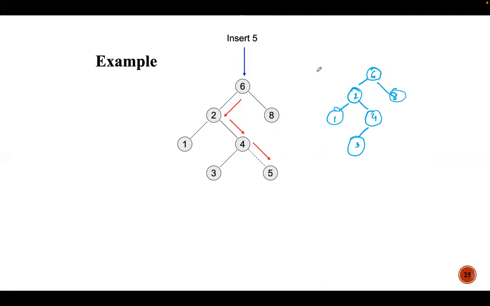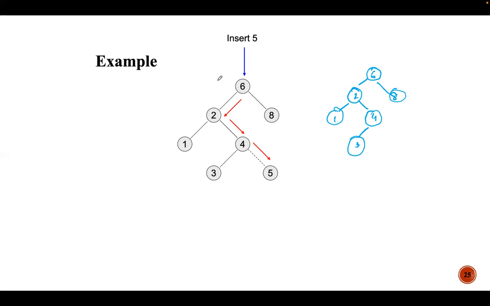So we start from the root node. 5 is less than 6, so obviously 5 has to be part of its left subtree. So we're going to go to the left.